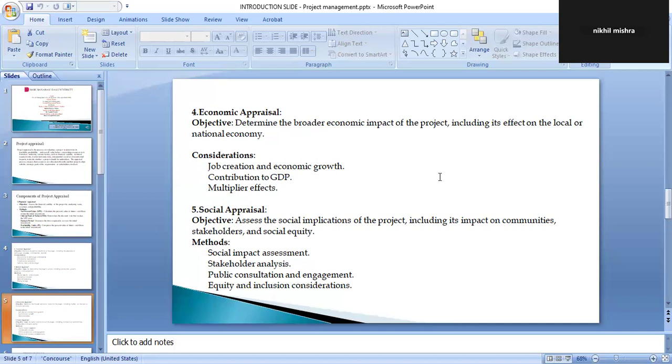What will be the impact on the persons or members involved in that project, basically known as the stakeholders. Evaluating all these things is part of the social appraisal. The methods used for this appraisal are social impact assessment, stakeholder analysis, public consultation and engagement, and equity and inclusion considerations.